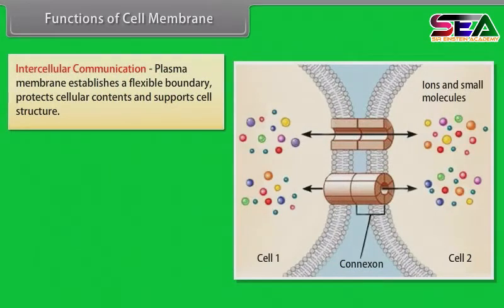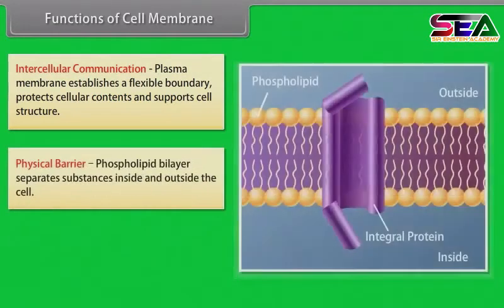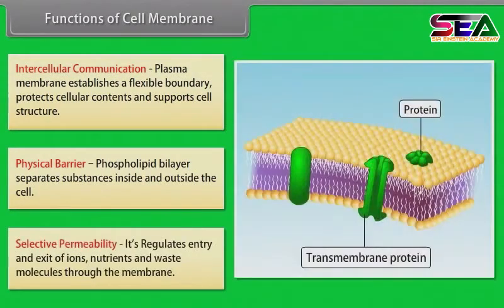Plasma membrane establishes a flexible boundary, protects cellular contents, and supports cell structure. Physical barrier. Phospholipid bilayer separates substances inside and outside the cell. Selective permeability. It regulates entry and exit of ions, nutrients, and waste molecules through the membrane.